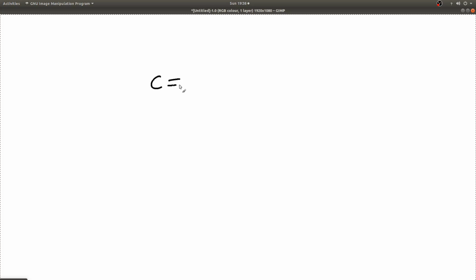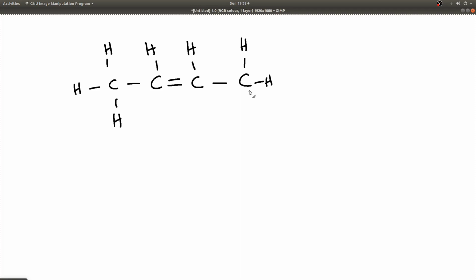What about this molecule then? Could we name it first of all?